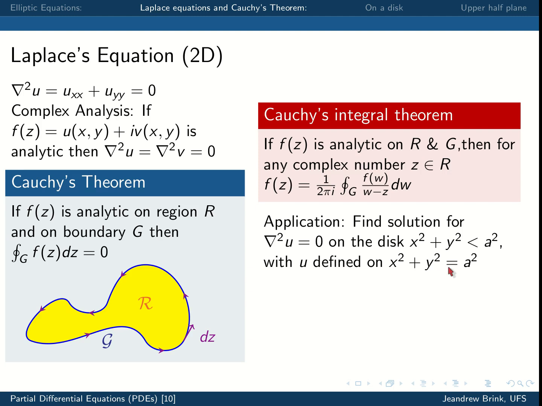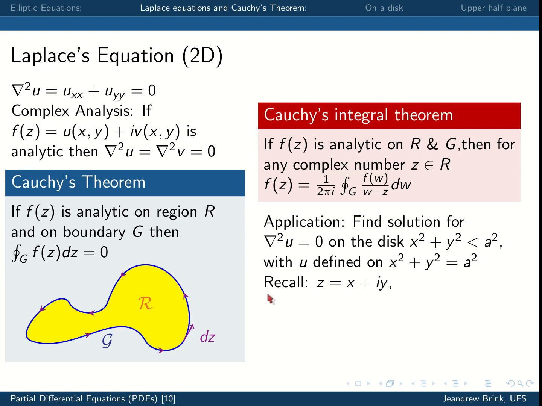So if we know what u is on the circle around the disk, and we know that u obeys Laplace's equation, we now want to write down a solution for u throughout the disk. And we're basically going to use Cauchy's integral theorem and Cauchy's theorem to be able to do this.